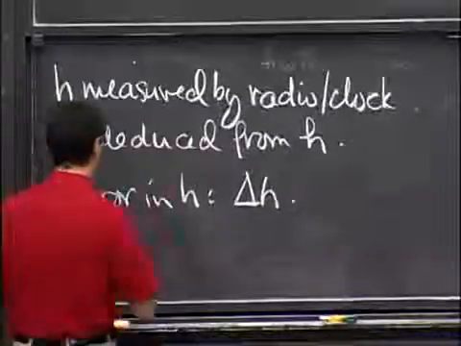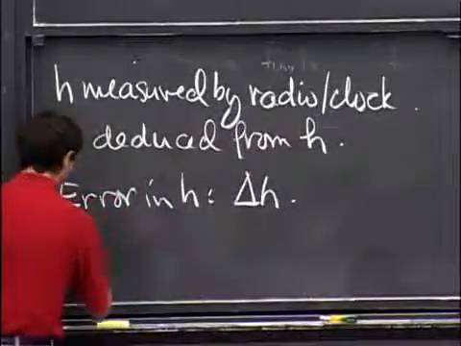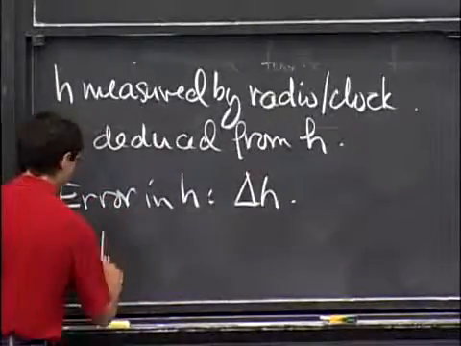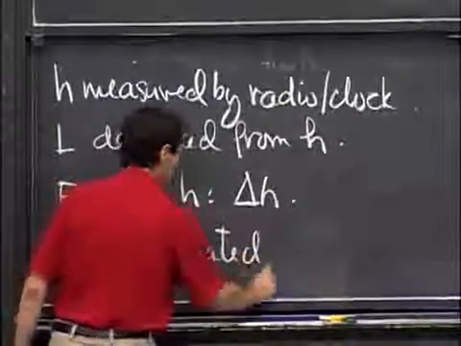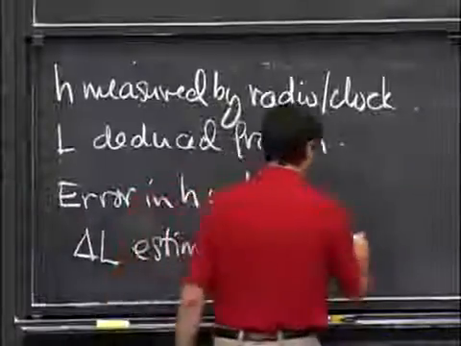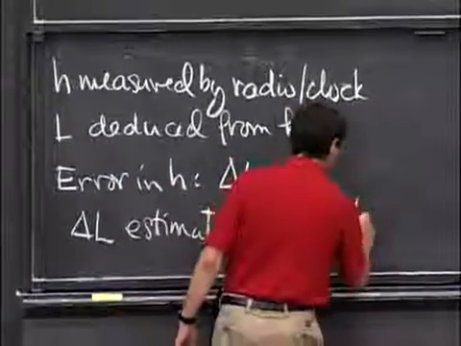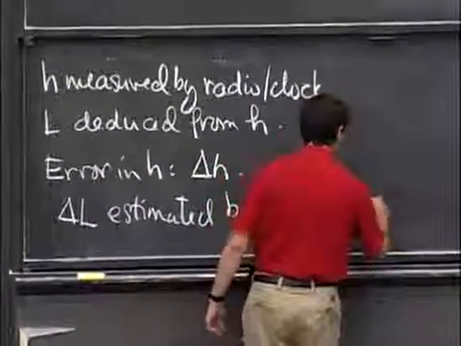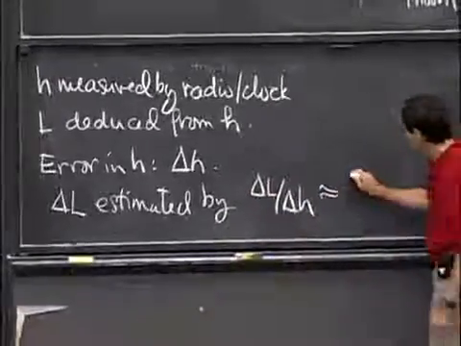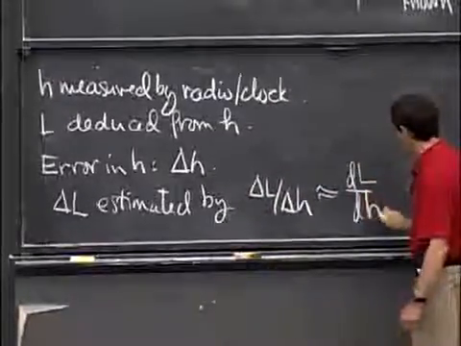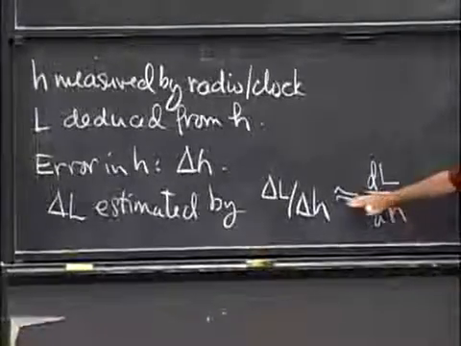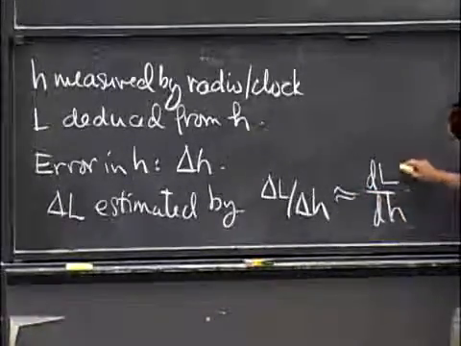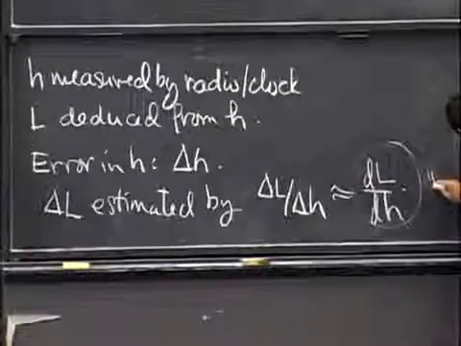So the idea is that delta L is estimated by considering this ratio, delta L over delta h, which is approximately the same as the derivative of L with respect to h. This is the easy part, because, of course, it's calculus.